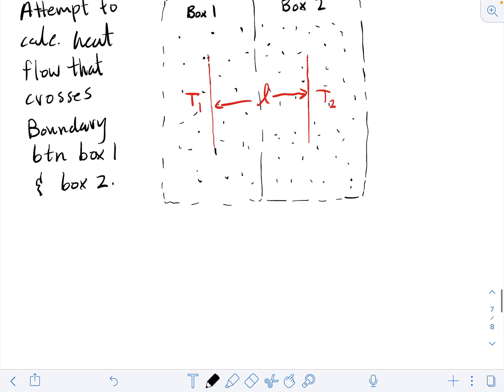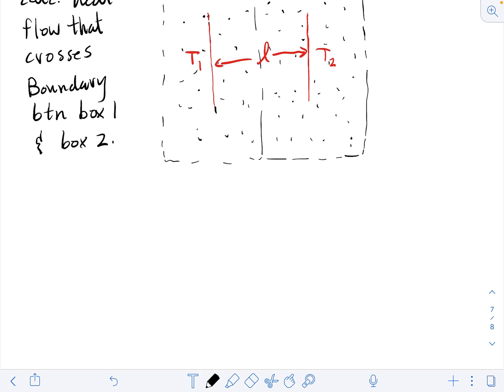Okay, so we know a gas particle can move on average a distance L without scattering, and so we could calculate the time between scattering events as the mean free path divided by the average speed of the particle.